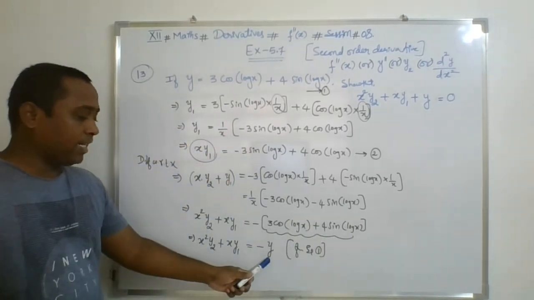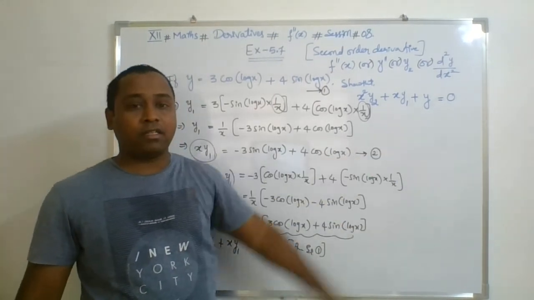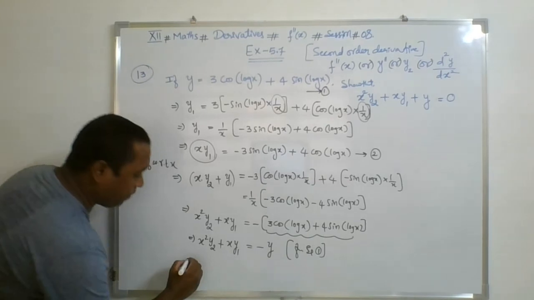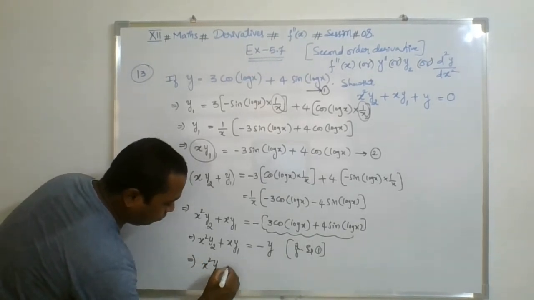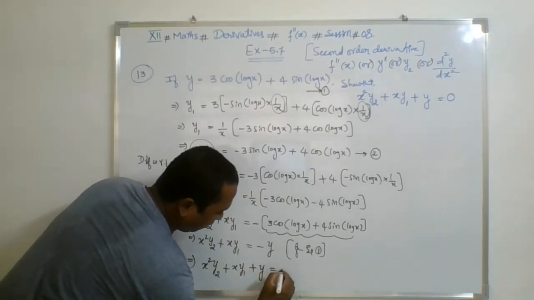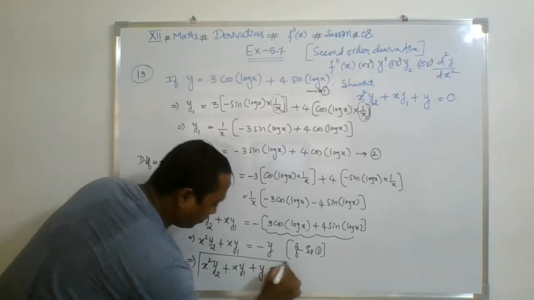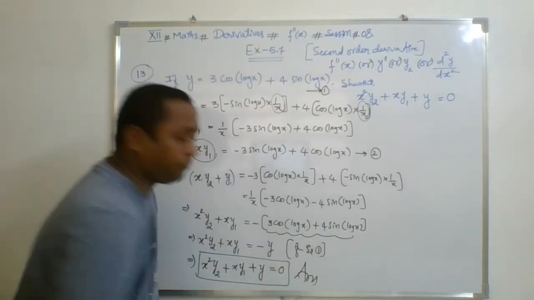Now simply take this y over here, you will see the desired result obtained. So final answer would be x square into y2 plus x into y1 plus y equal to 0. So this is your final answer.